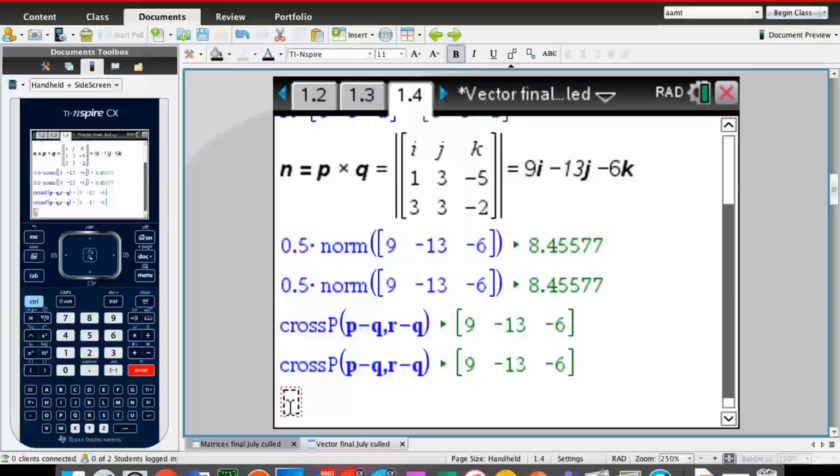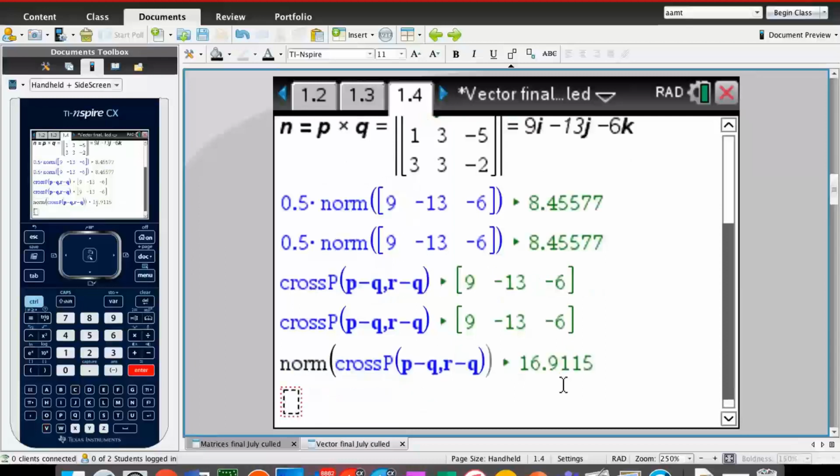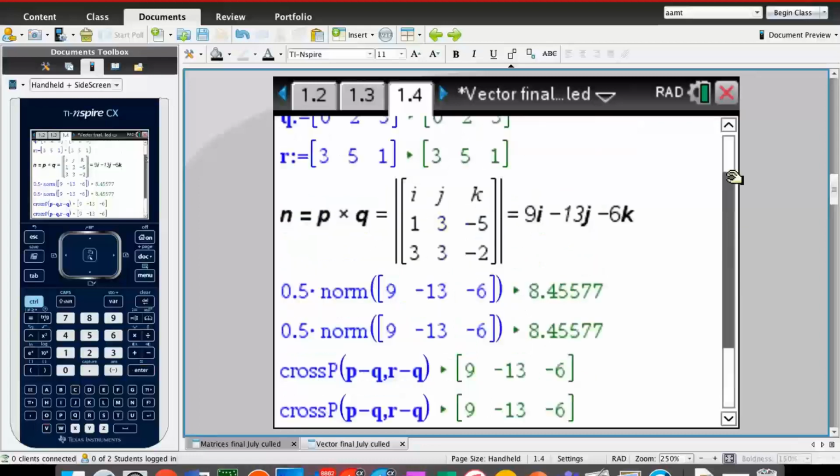Might as well do that. Norm, open brackets. I'm just going to copy that again and hit enter. And it should give that, which is twice the area. I didn't put in the 0.5, so that's the area of the parallelogram, but we need to put in 0.5 for the area of the triangle.